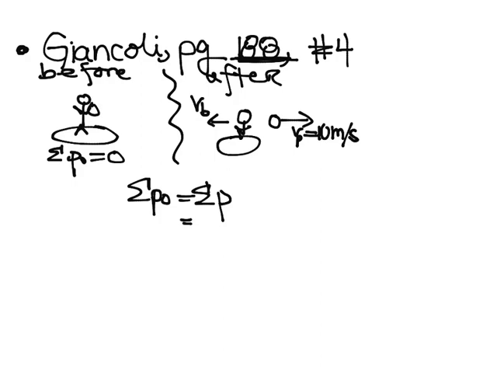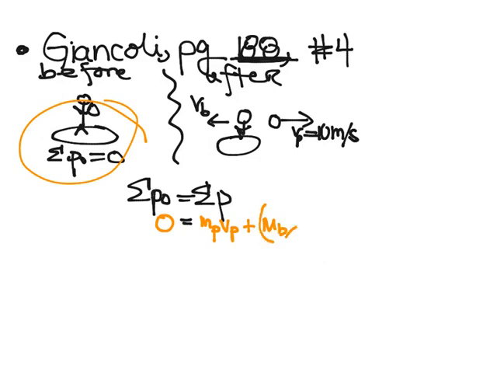Alright, and so now that you have tried that, at the beginning, as we noted, nothing's moving, so there's no momentum at all. We just have 0. And then at the end, I have the mass of the package times velocity of the package, plus the mass of the boat plus the person.